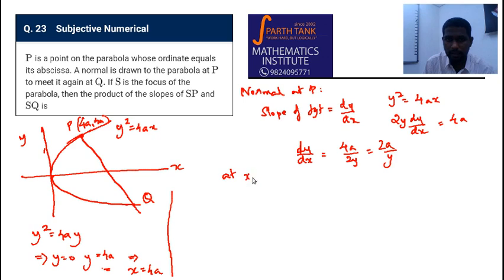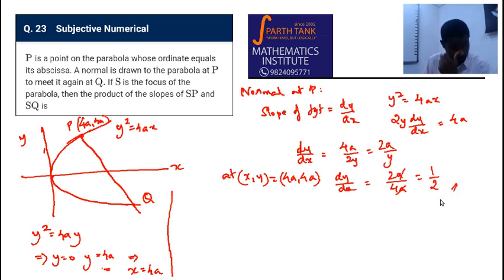At x comma y equal to 4a comma 4a, dy by dx is going to be a nice round number, 2a by 4a, which is 1 upon 2. So the slope of the tangent is 1 by 2. We know the slope of the normal is the negative reciprocal, minus 2.